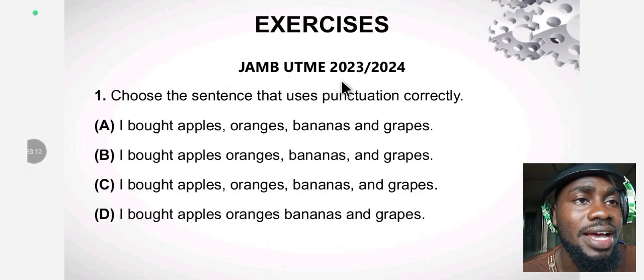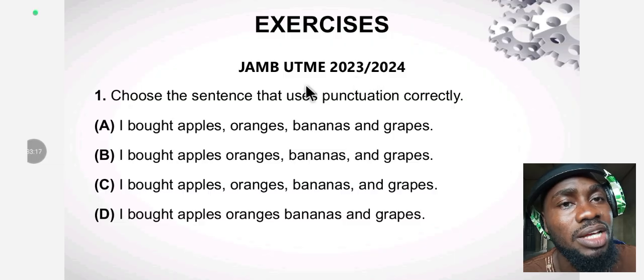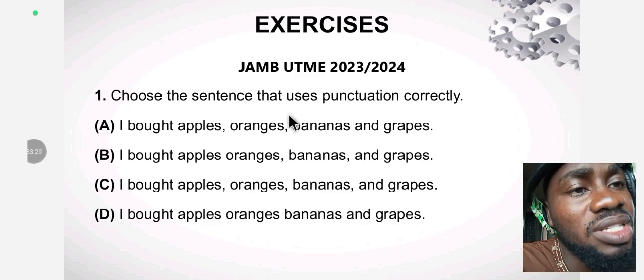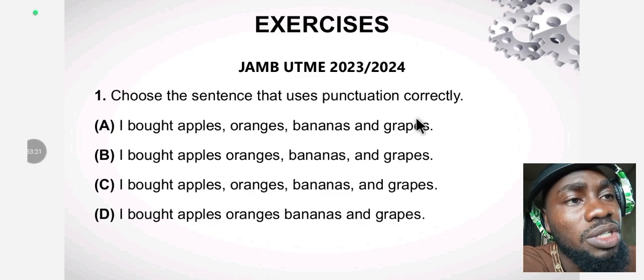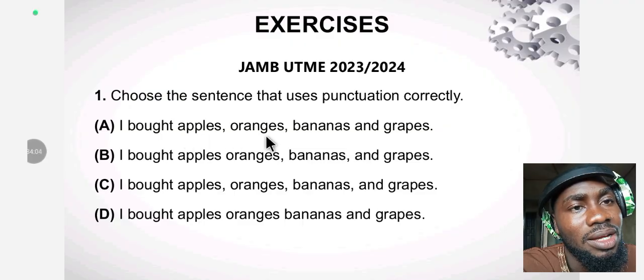This exercise questions was brought from the JAMB UTME 2023/2024. Number 1, choose the sentence that uses punctuation correctly. A, I bought apples, comma, oranges, comma, bananas, and grapes, full stop. B, I bought apples, oranges, comma, bananas, comma, and grapes, full stop.